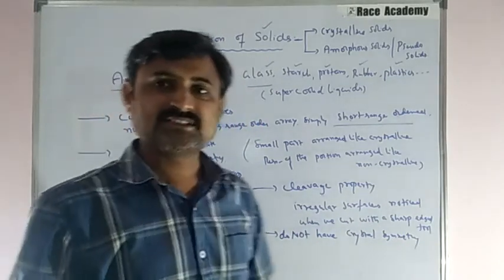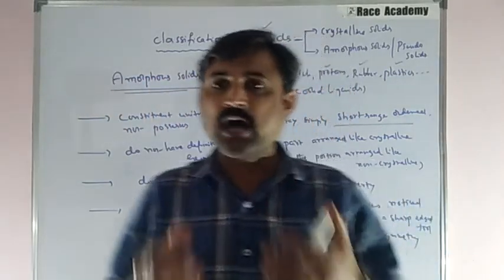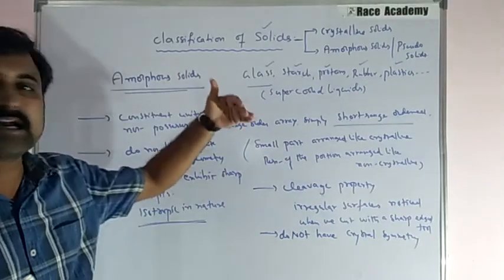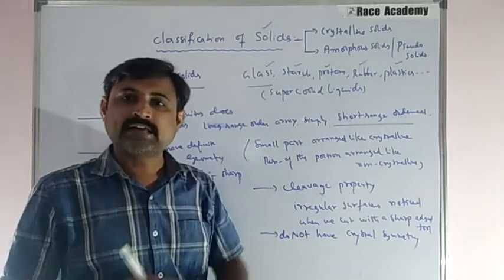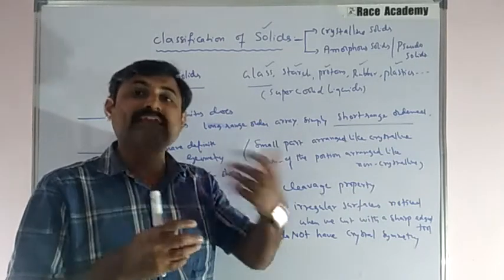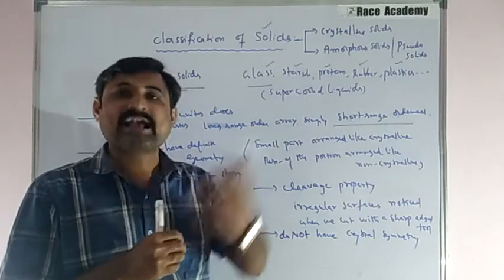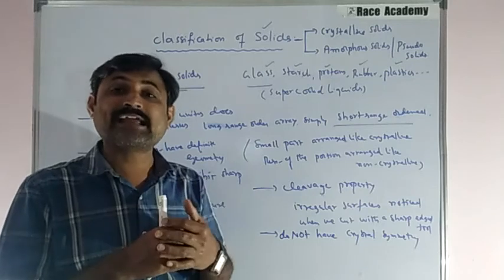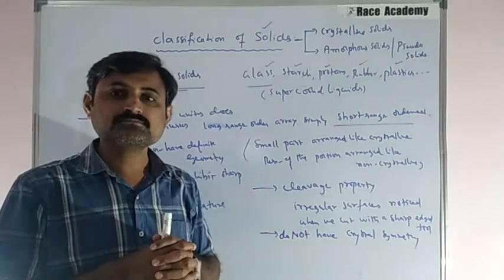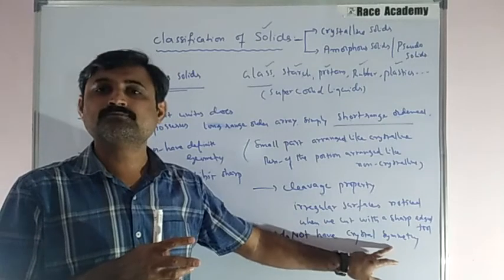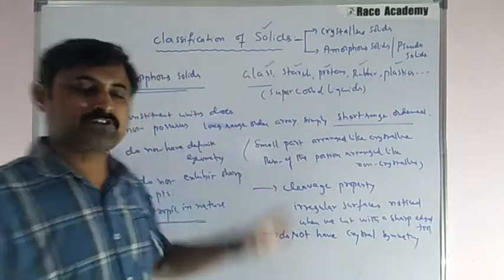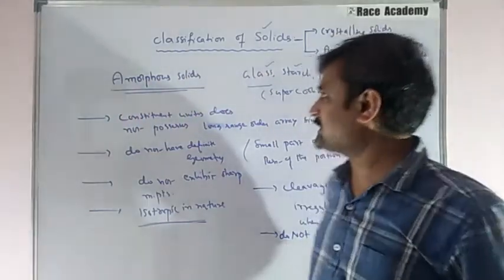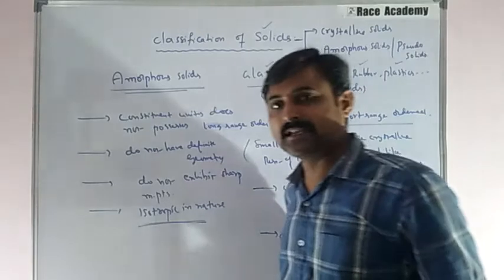Crystal symmetry means the systematic repetition of appearance along a particular axis. The rotation of an amorphous solid along an axis won't give any similar appearance. So amorphous solids don't exhibit the symmetry property, whereas crystalline solids do.